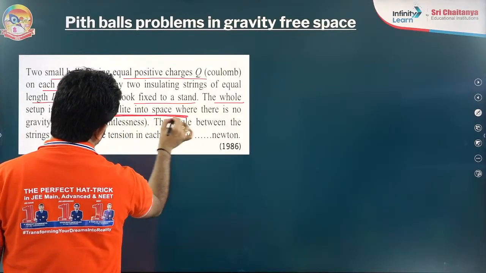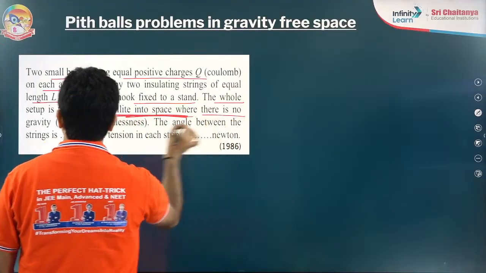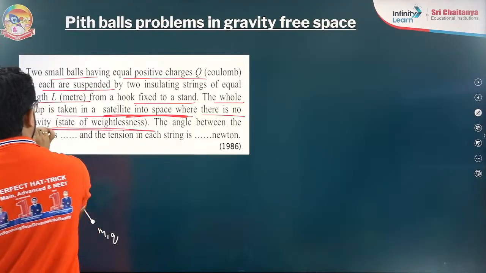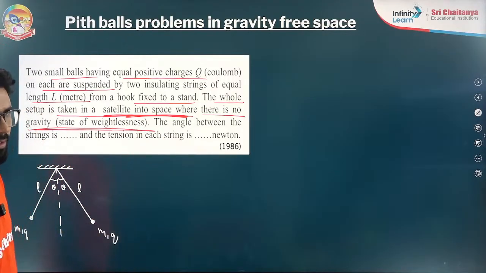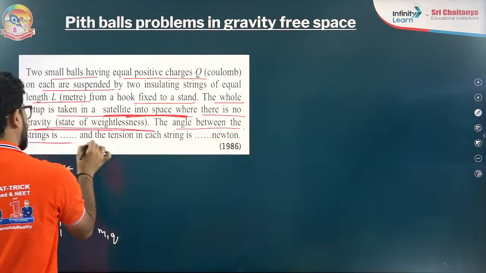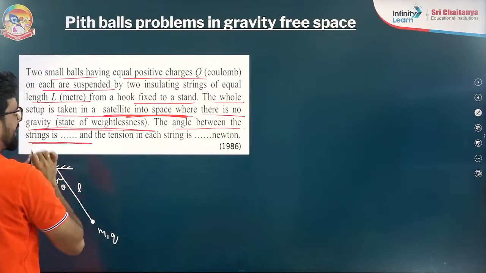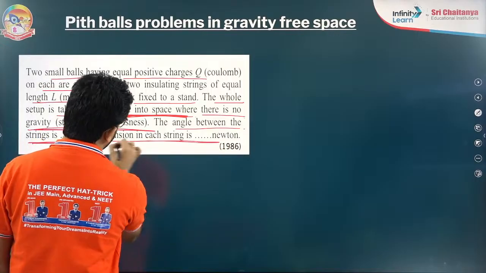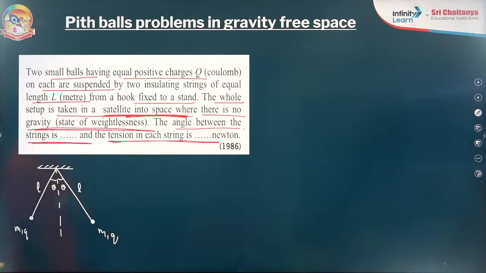Please understand this line: a satellite in space where there is no gravity, gravity-free space, a state of weightlessness. We have to calculate the angle between the strings, that means 2 theta, and the tension in each string. This is the question we are going to solve.